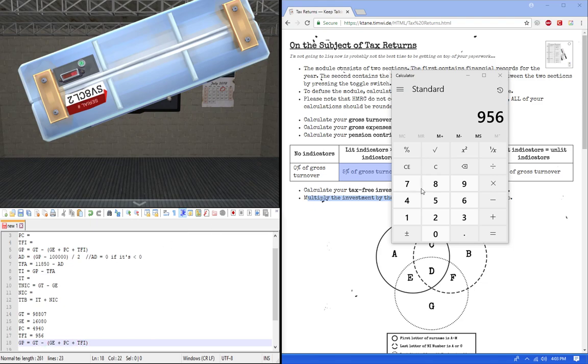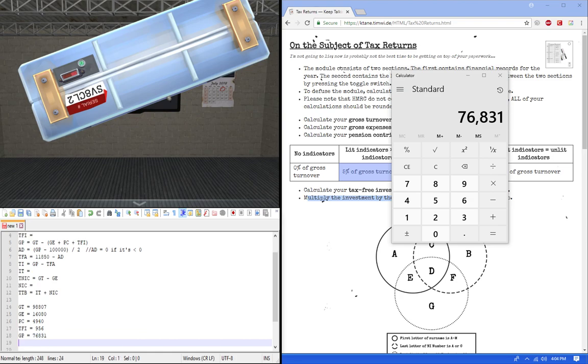All right, so we're going to take 98,807, that's right, minus 16,080, minus 4,940, minus 956, which gives us an amount of 76,831.